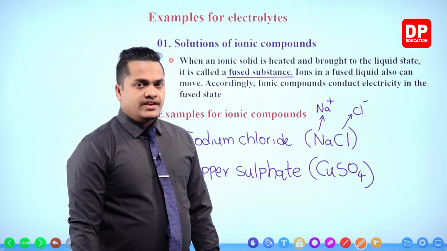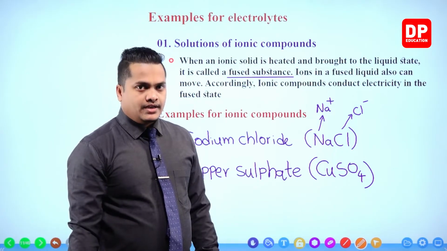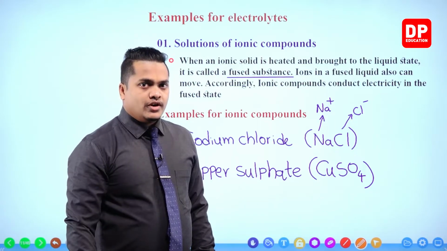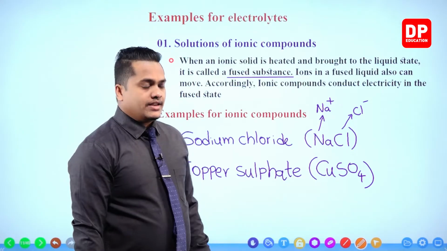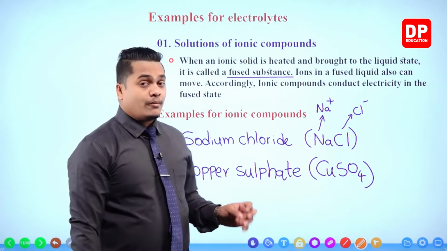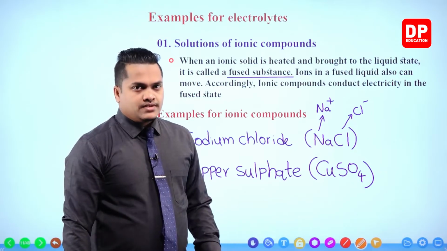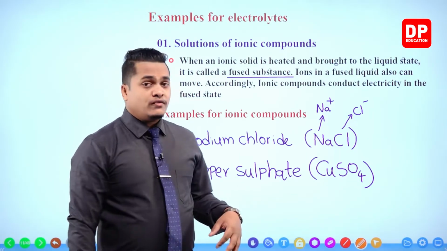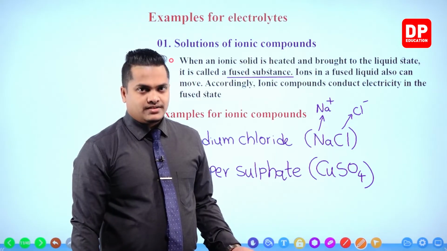Like I said, my dear children, you will be learning about these things in detail in grade 10. When you are learning these in grade 10, you will understand that actually copper is not creating Cu+ at this time. Here it is Cu2+ and the sulfate is SO4 2-. Not just minus, 2 minus.